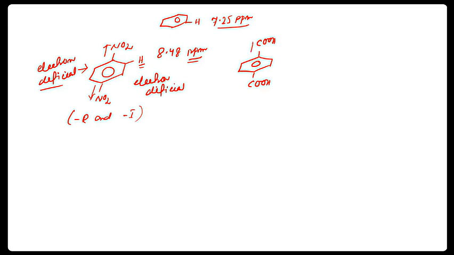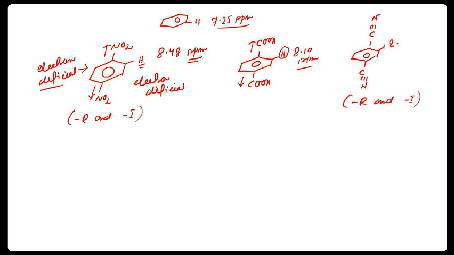We also know that the acid group, COOH, is electron deficient. So look here at the value. This comes at 8.10 ppm. We also know that the cyano group, C triple bond N, is electron withdrawing by minus R and minus I. This proton is at 8.10 ppm.